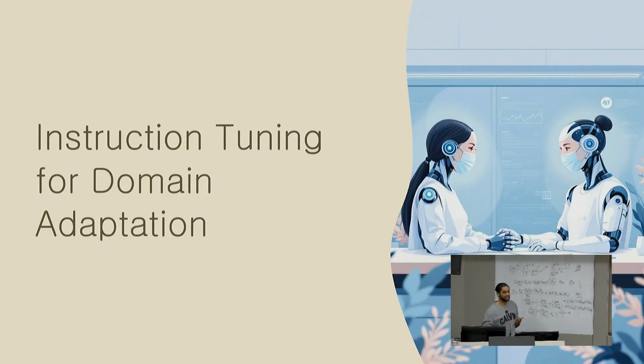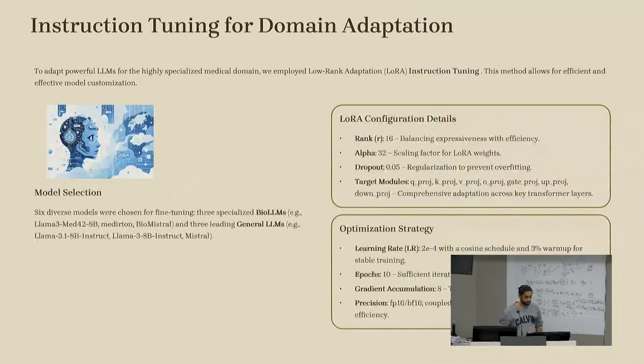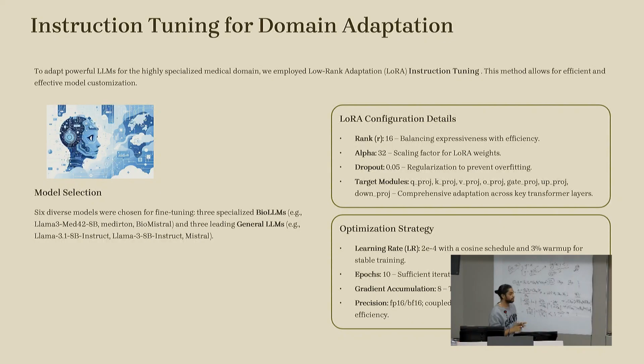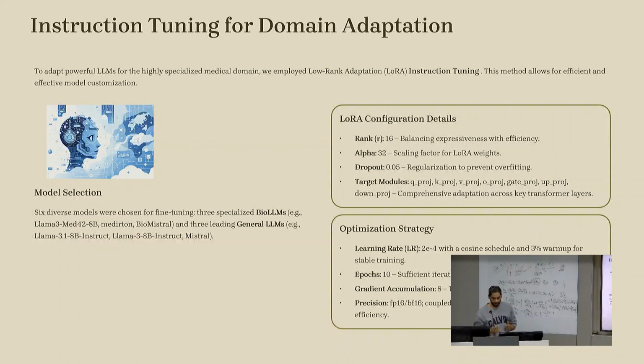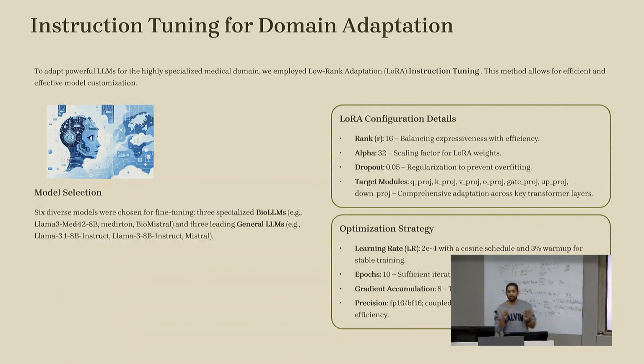So let's move on to instruction tuning for domain adaptation. Oh, sorry. To adapt a powerful LLM to the highly specialized medical domain, I employed Low-Rank Adaptation, known as LoRA, to customize the model efficiently in terms of time.